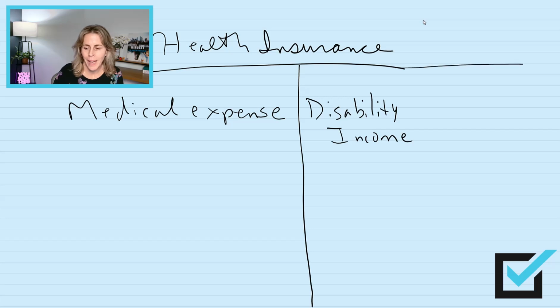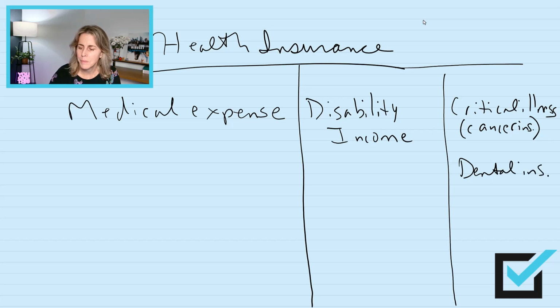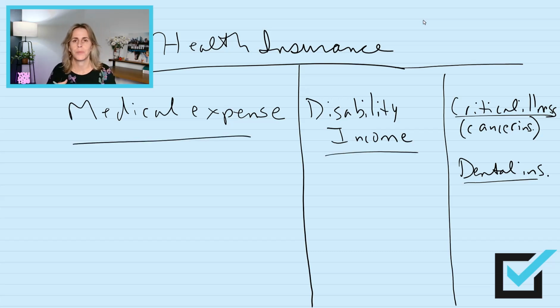And then we have things like critical illness plans, commonly called cancer insurance. We have dental insurance. All right, so these are the three main categories that we need to have a basic understanding about.